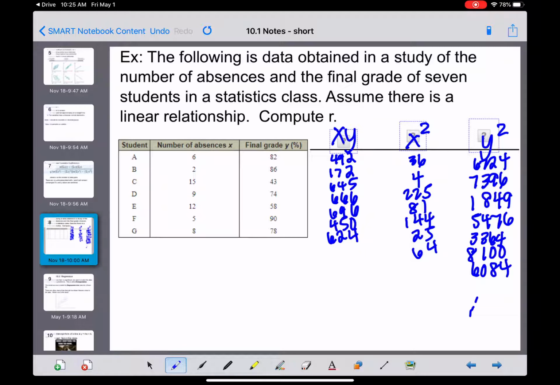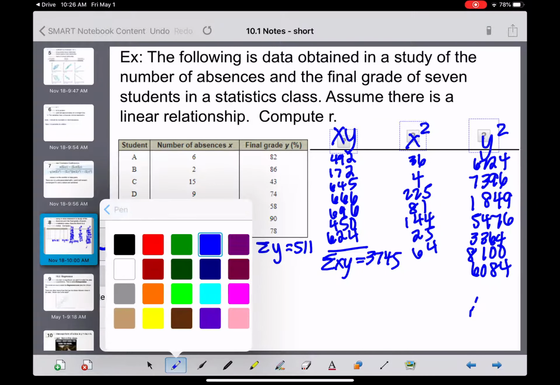Okay, and then we need to find the sum of all of these things. So we need the sum of the x's. We add them all together, we get 57. We add all of our y's together, and we get 511. We add the xy, we get 3,745.